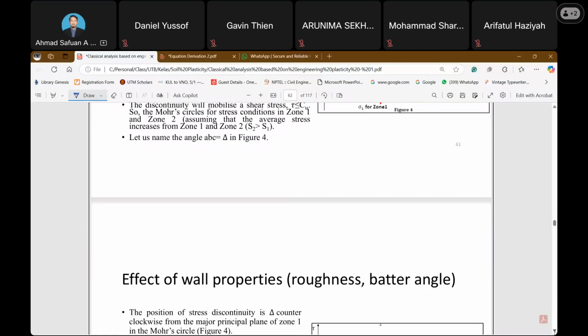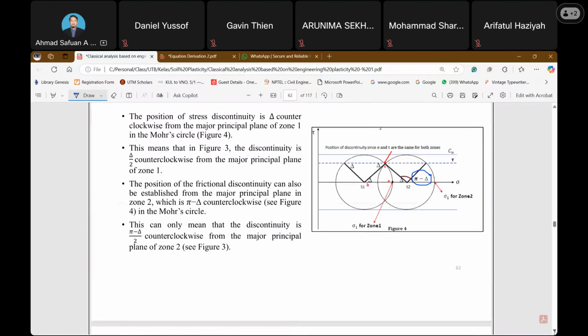So cos delta is equal to this distance, we put as an x, over Cu.